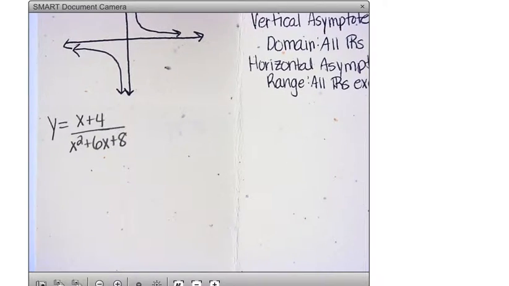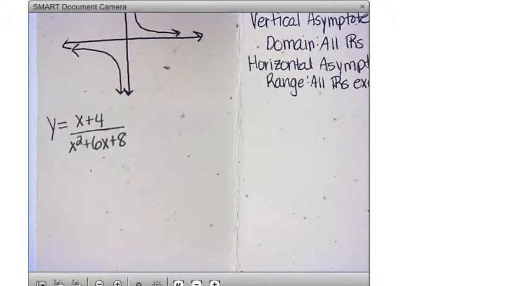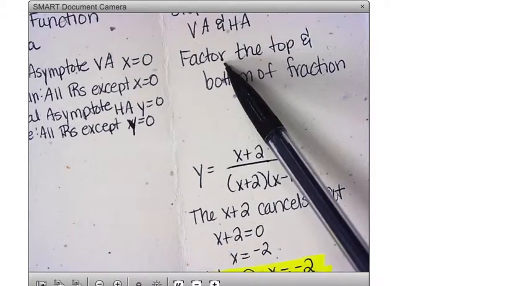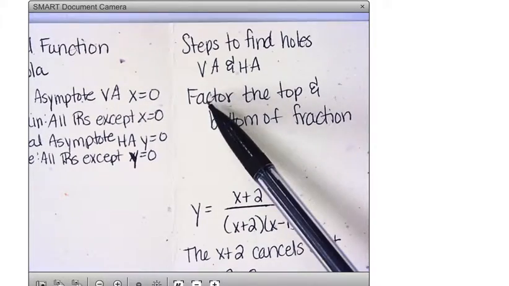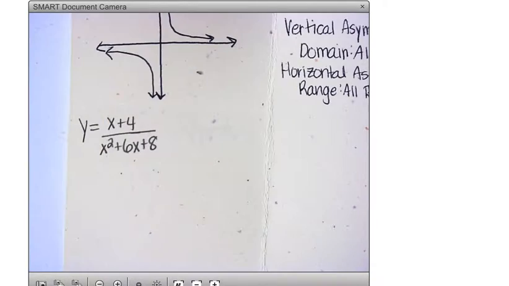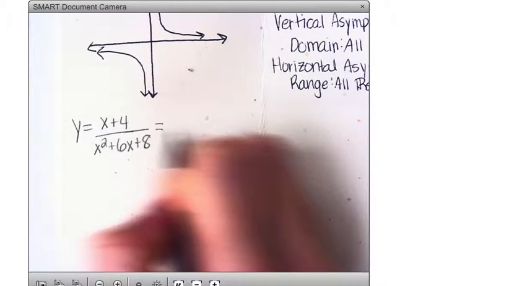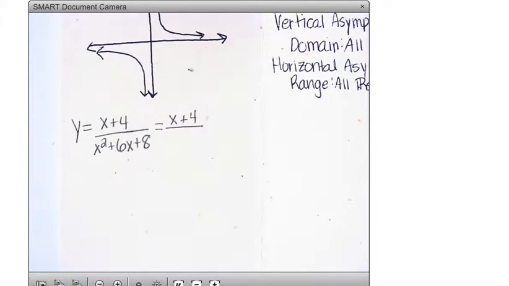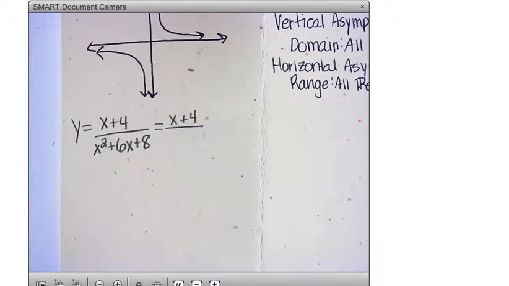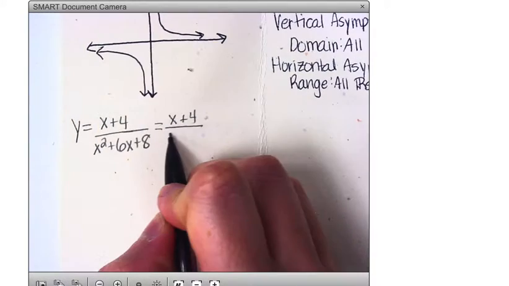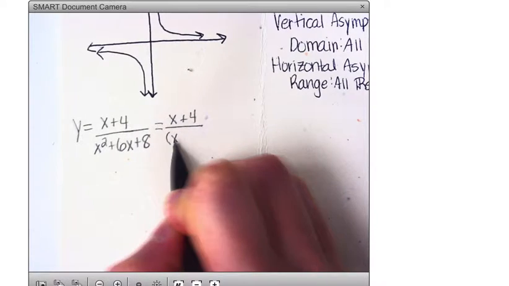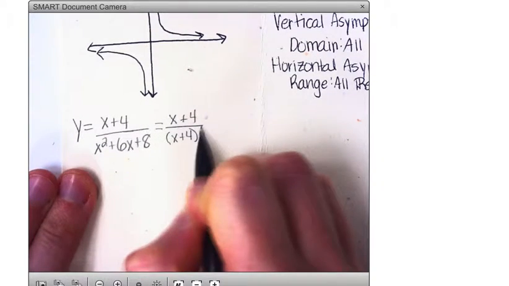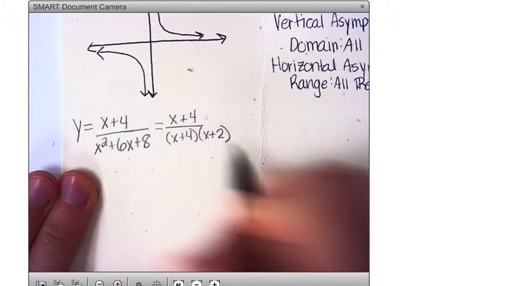Okay, the first step up there at the very top, steps to find these holes, vertical asymptotes and horizontal asymptotes. You factor the top and bottom. So, does the top factor? No. It does not. It can't, and there's not a GCF, right? Does the bottom factor? Yes. To what? X plus 4, x plus 2.